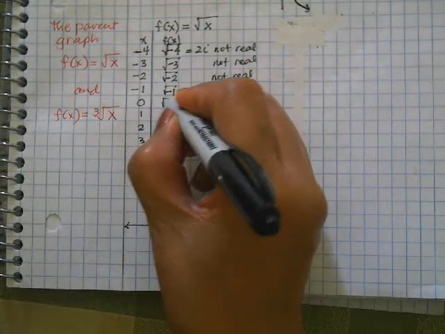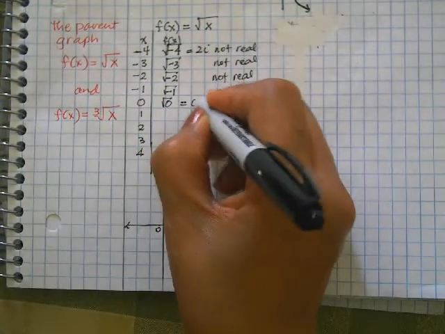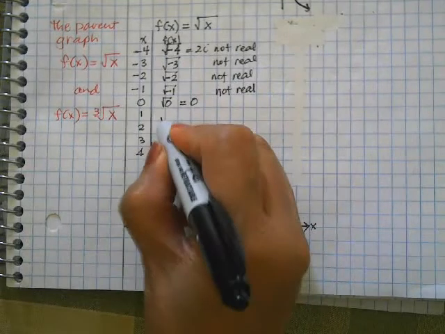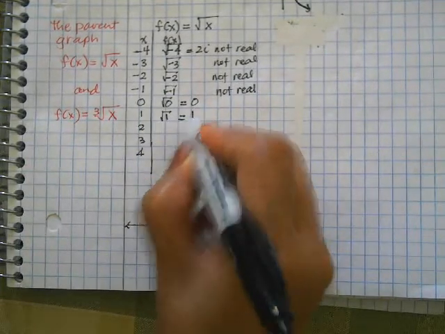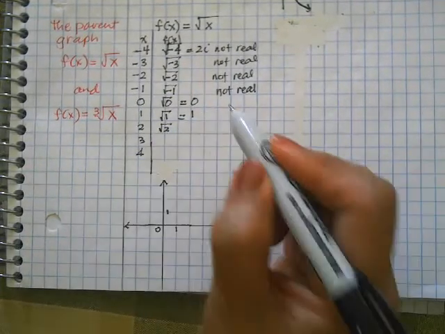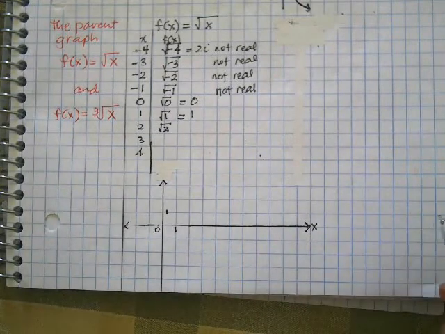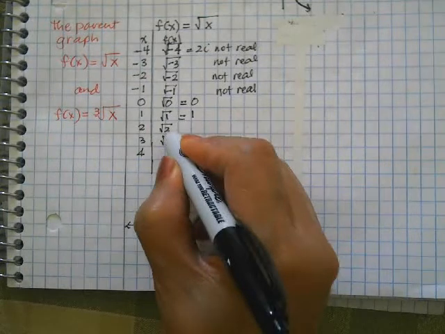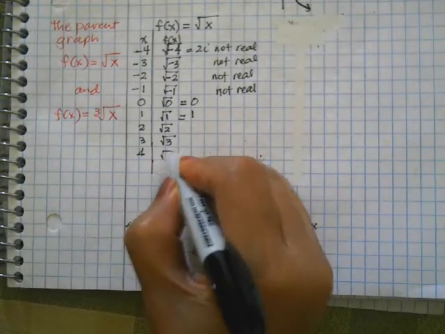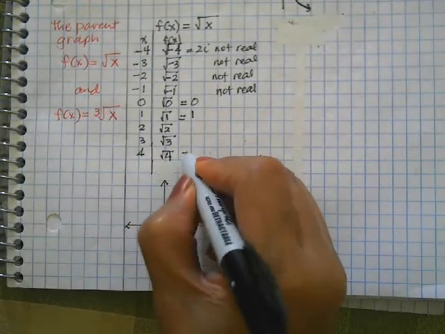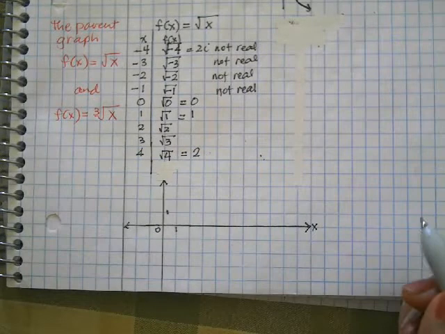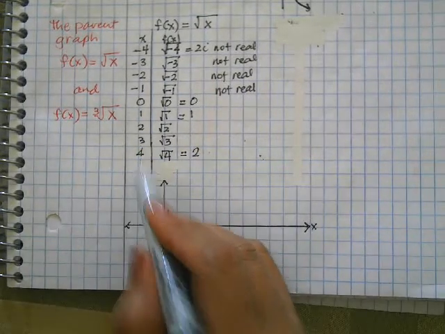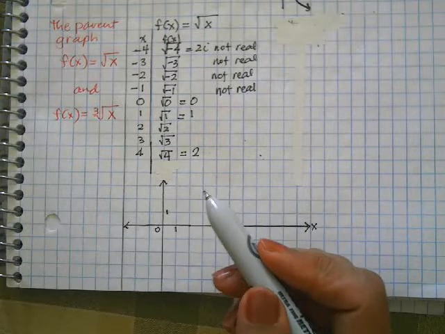So square root of 0, now we're starting to get values. 0. Square root of 1 is 1, square root of 2, square root of 3, this is about 1.4, 1.7. Now square root of 4 is a whole number, it's 2. We can give more values. Let's give some perfect squares.